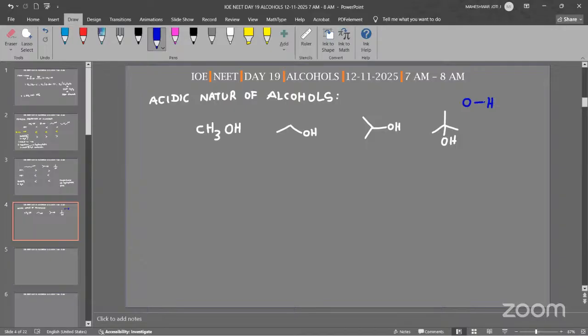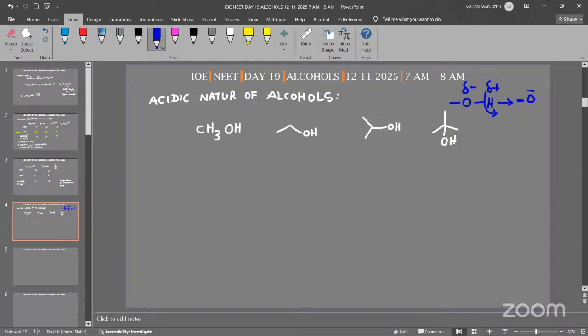So this bond is more polar. Hydrogen gets partial positive charge, oxygen gets partial negative charge. Now, if oxygen releases the proton, then oxygen converts into the O minus anion after losing the proton, right? So by releasing the proton, alcohols act as acids. Their nature is acidic nature. This is one.